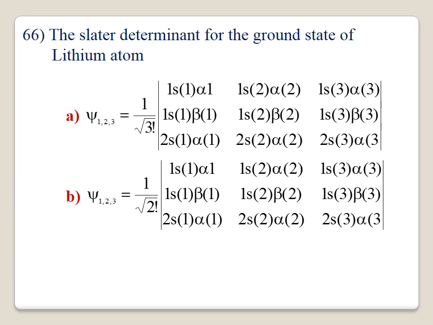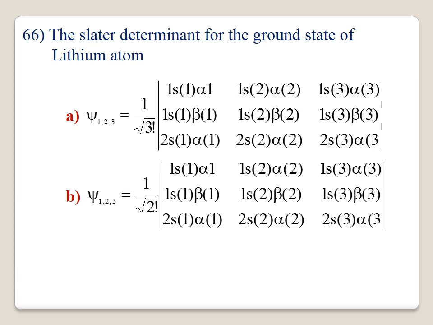Our total number of orbitals is 3. Therefore the normalization constant is 1 by root 3 factorial. It is correct. For one 1s orbital you put alpha, and for the other 1s orbital you put beta. For 2s orbital you put alpha. That is the correct wave function determinant.